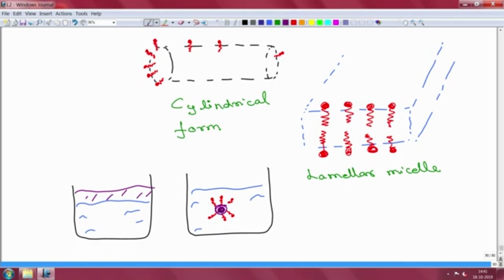So, this could be oil. Obviously, I am just drawing a schematic, so these are not to scale. This is how you can disperse. So, this is your oil and this is your surfactant.